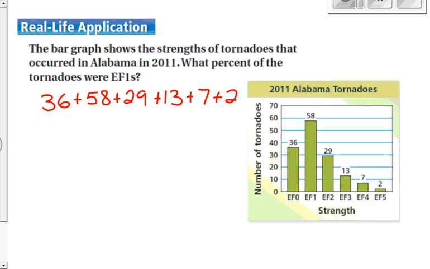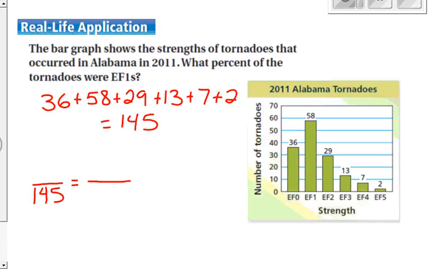And when we add that all together, we get 145 tornadoes. That means how many tornadoes there were altogether, which we came up with 145.